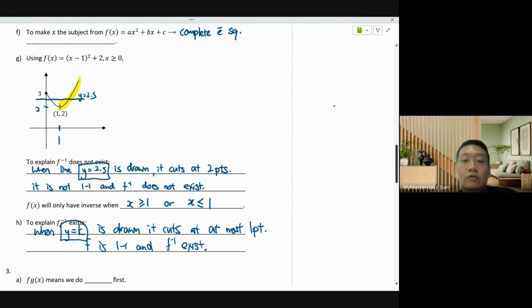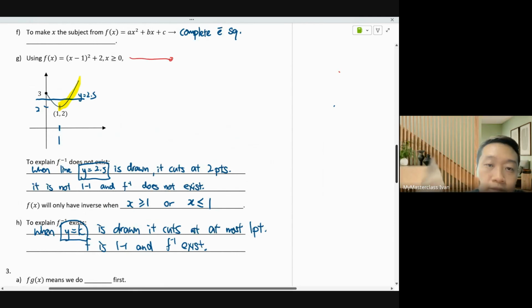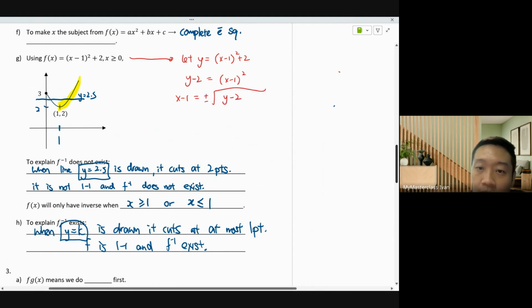Okay? How to find the inverse for this? Let y equals (x minus 1) squared plus 2. Y minus 2 equals (x minus 1) squared. X minus 1 equals plus minus square root of (y minus 2). X equals plus minus square root of (y minus 2), plus 1. So there are two inverses.